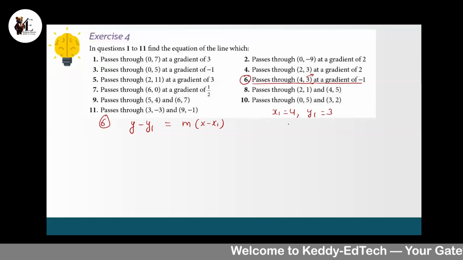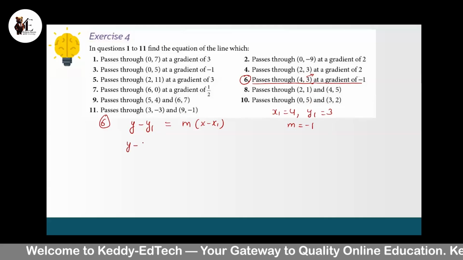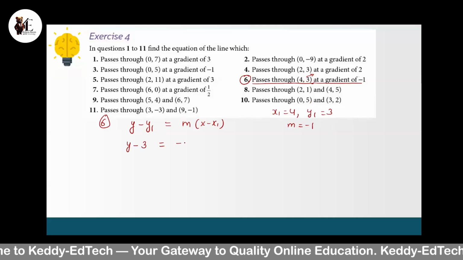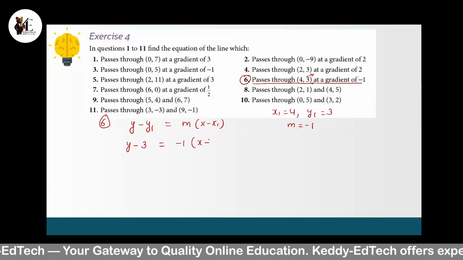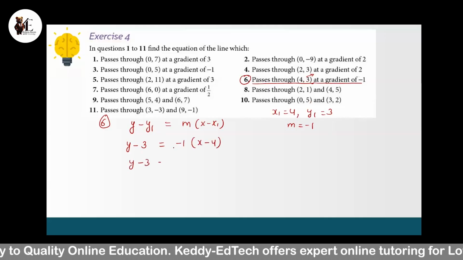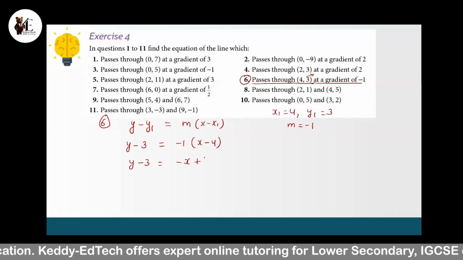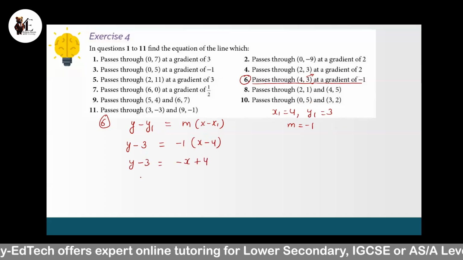One is 3 and the gradient is -1. So substituting all these values in the equation: y minus y1 is 3, gradient is -1, x minus x1 is 4. So y minus 3, multiplying this -1 inside the bracket, we'll get -x, and -1 into -4 will become +4.